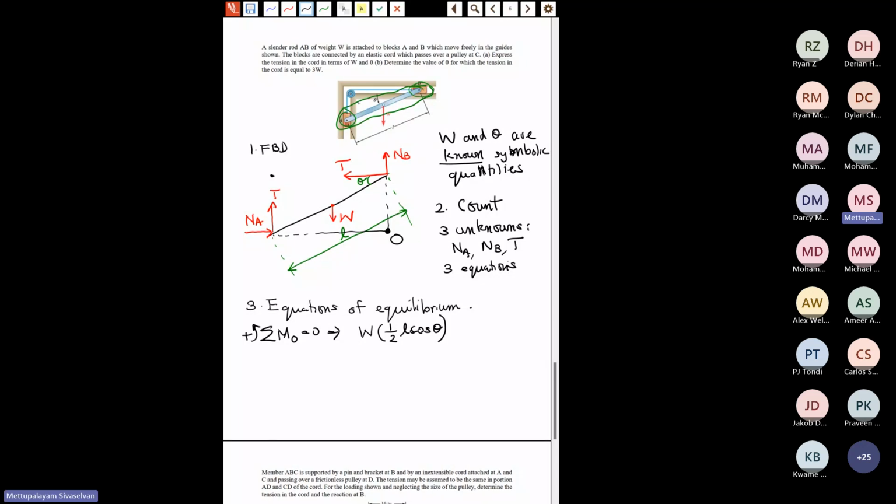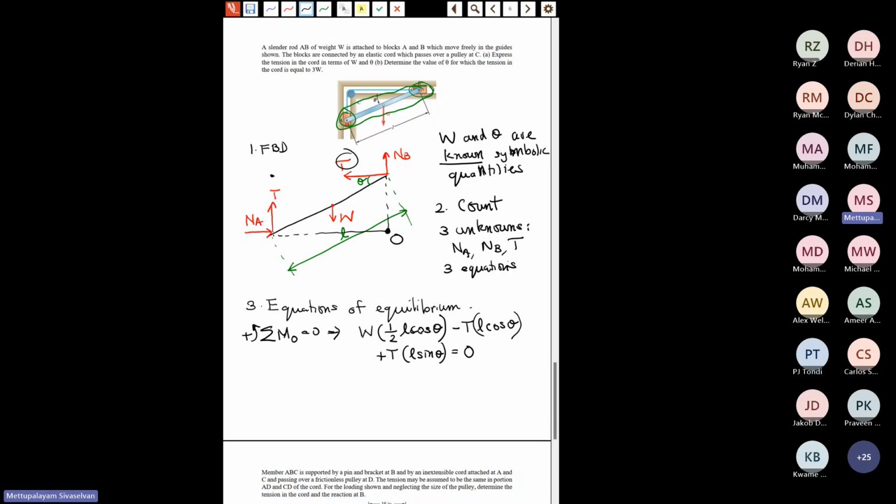And then this T, so it's minus T times L cosine theta. That's clockwise, so it's negative. And then this T, that's plus T times L sine theta equals 0. So I can solve for T in terms of W here.